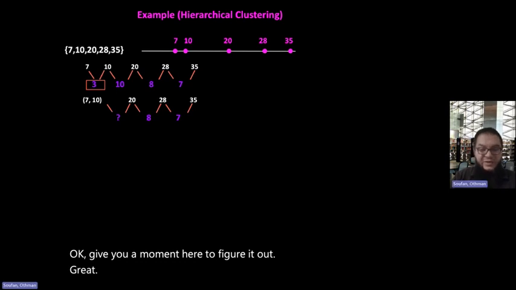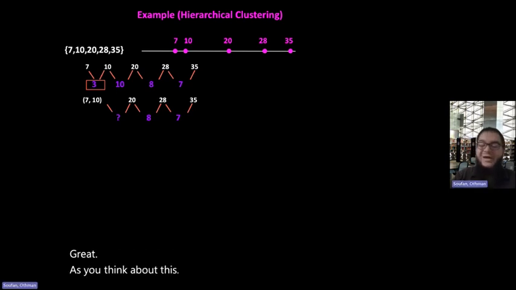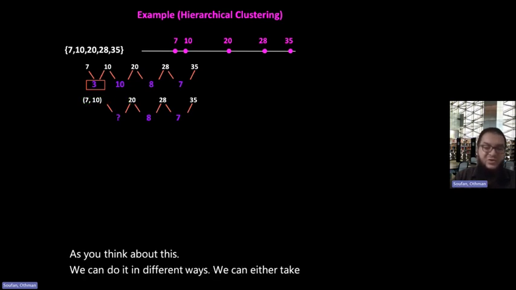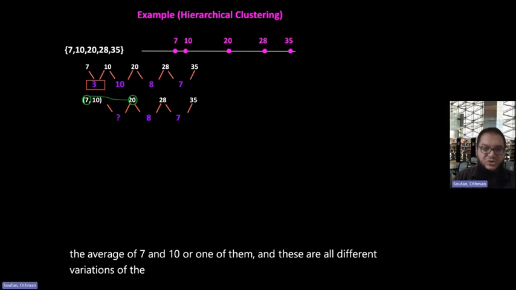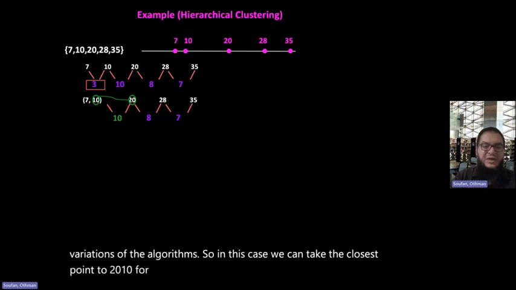As you think about this, we can do it in different ways. We can take one point, or the average of 7 and 10, or one of them, and these are all different variations of the algorithm. In this case, we can take the closest point to 20, which is 10, and we say 20 and 10, the difference is 10.